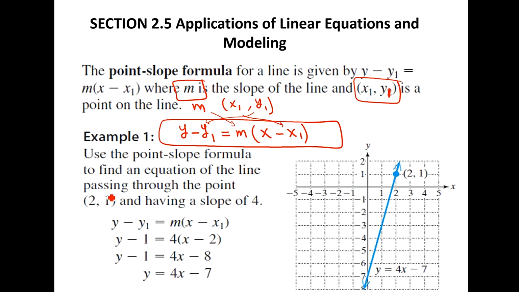For example, look at this. We have one point, (2, 1), and we have a slope m equal 4. This is x1 and this is y1. Substitute x1 and y1 and the slope equal 4 in the equation.